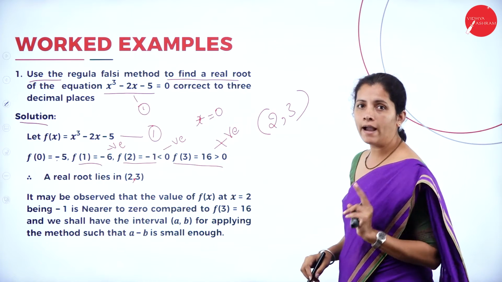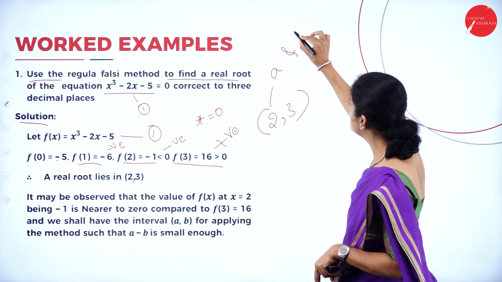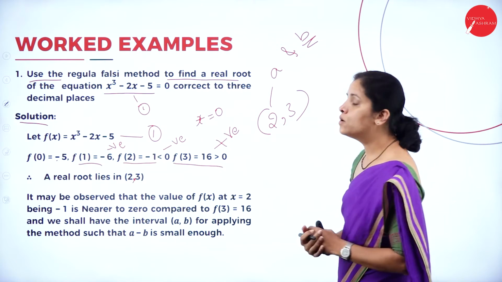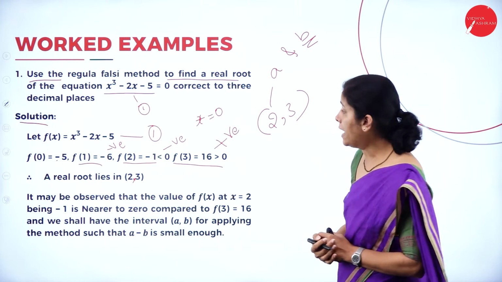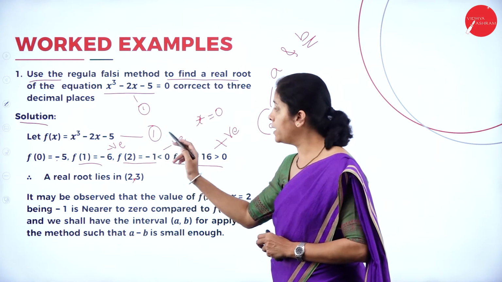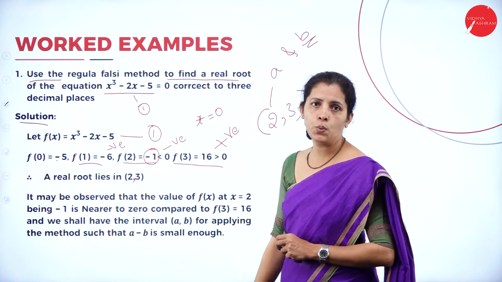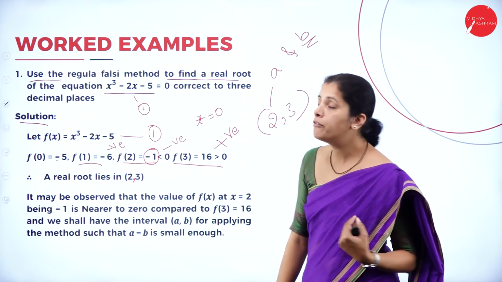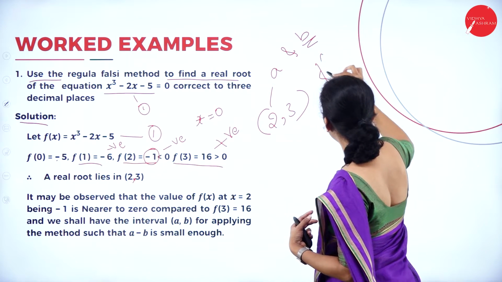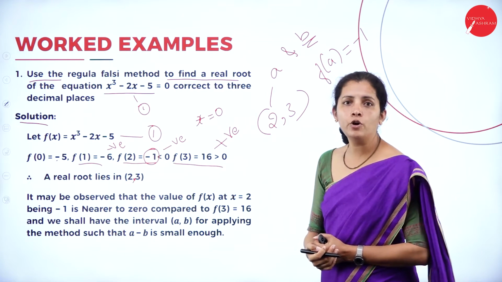So I got the A value and the B value. This is my A and this is my B. And what is f of A? When I substitute x equal to 2, I got -1, so this is my f of A, -1. Then what about B?